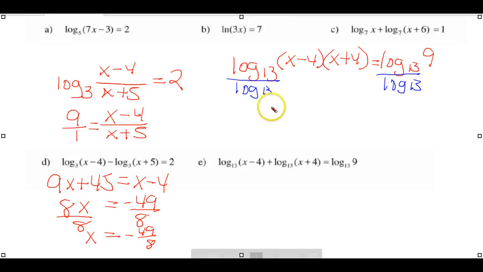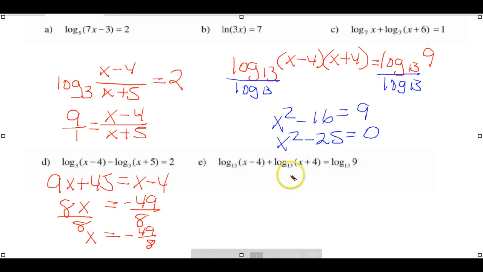So now I'm left with the equation, and by the way, do you recognize this? These are conjugates that give me x squared minus 16 equals 9. Quadratic equation, I'm going to put it in standard form. X squared minus 25 equals 0.